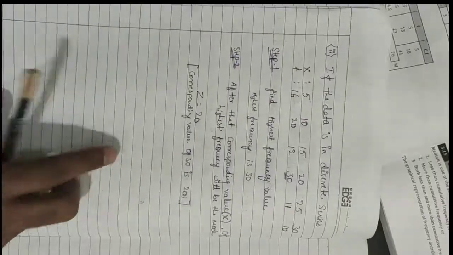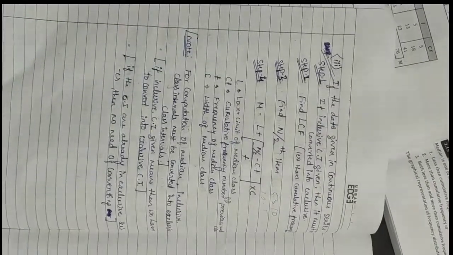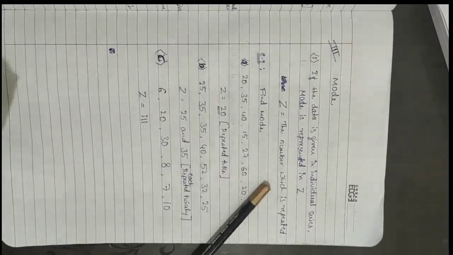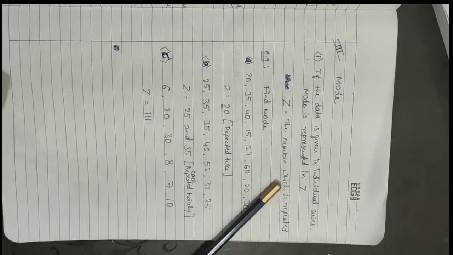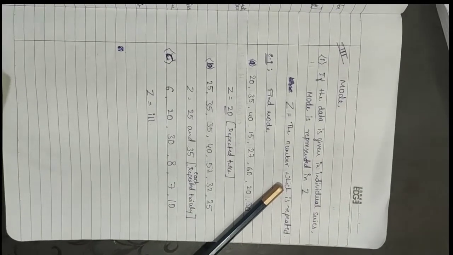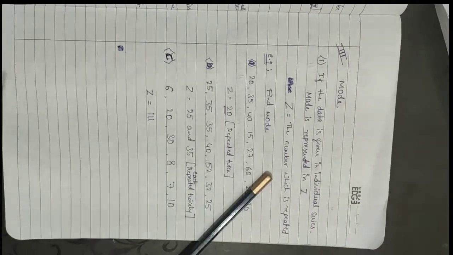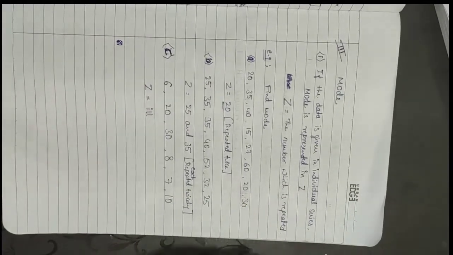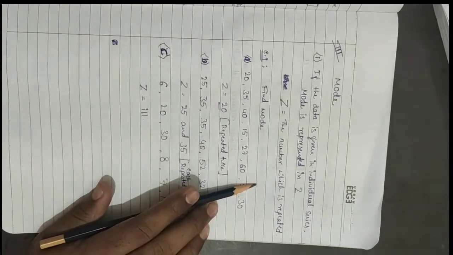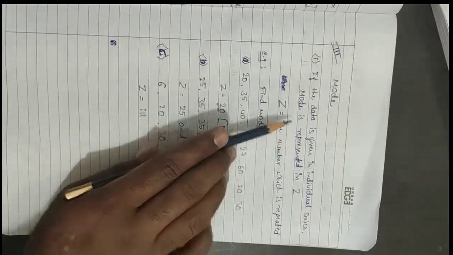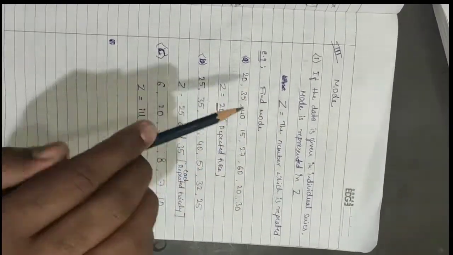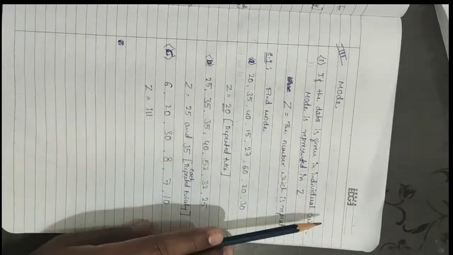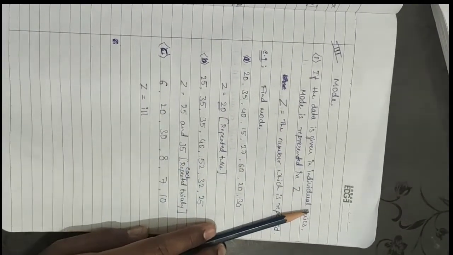Mode is also to be calculated. In the same way, here also we have to find mode. If the question is given in individual series, discrete series, or continuous series, the formulas are different. So if the data is given in individual series, find mode.